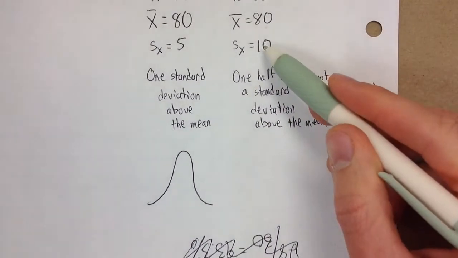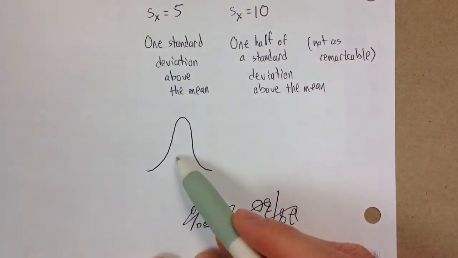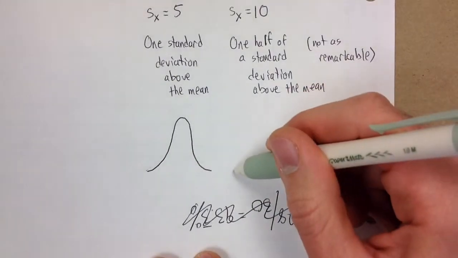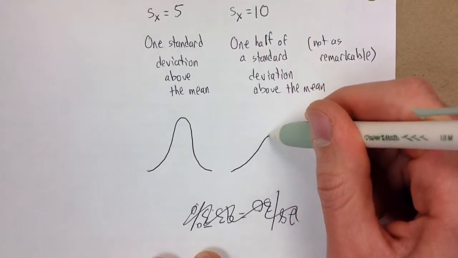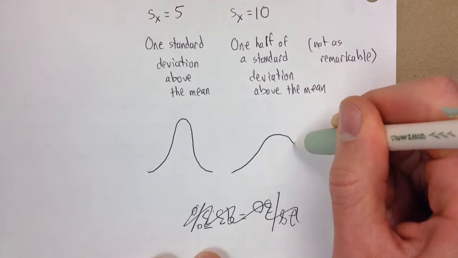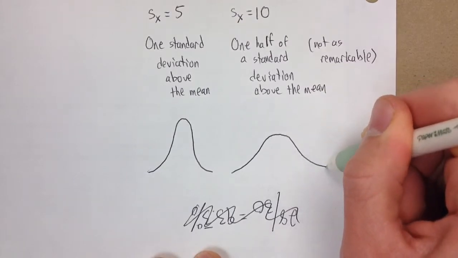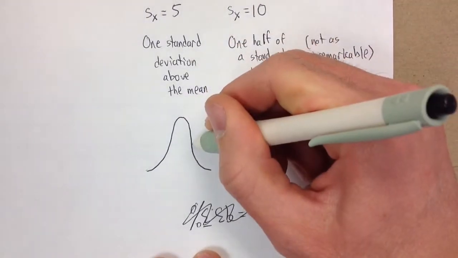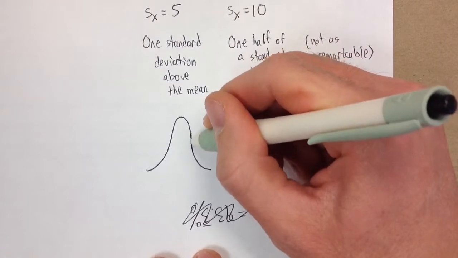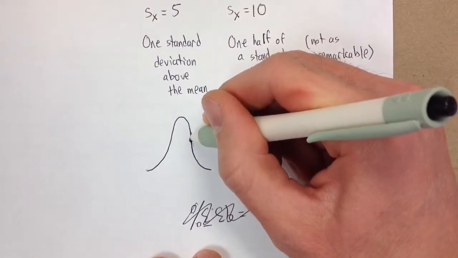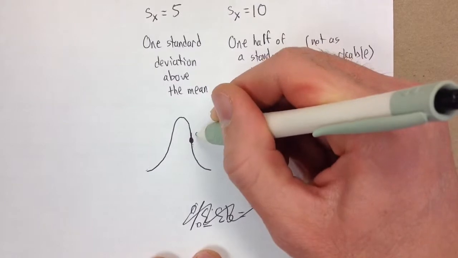If the standard deviation is double, what happens to this curve? It spreads out, right? Okay. So for here, your score might be here. That's your 85.